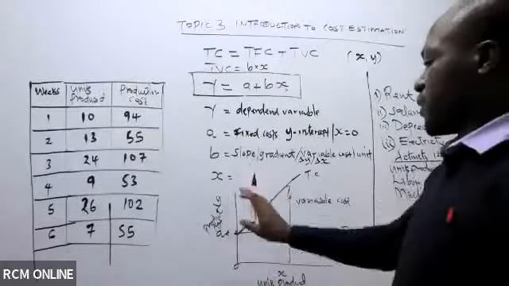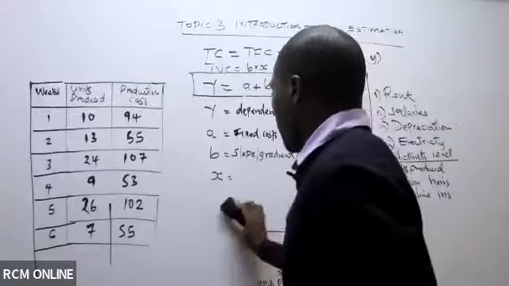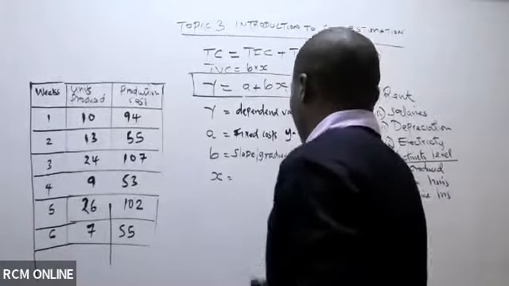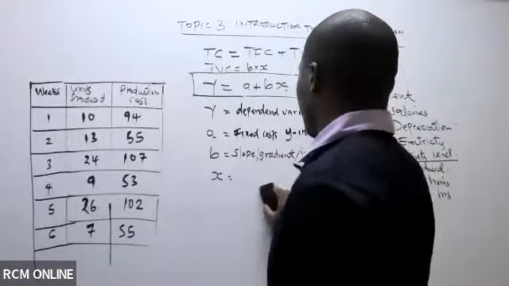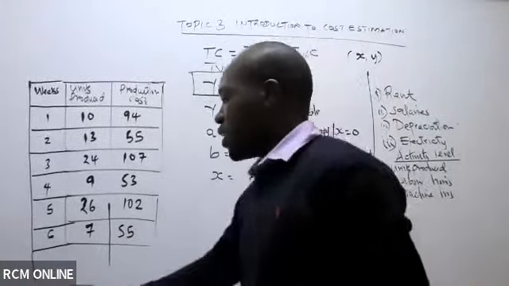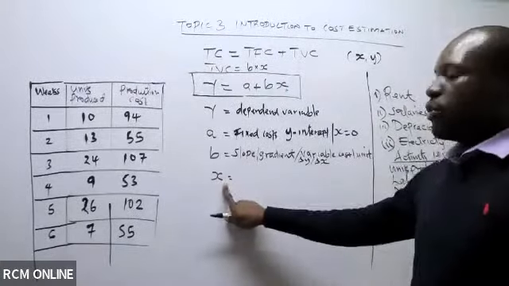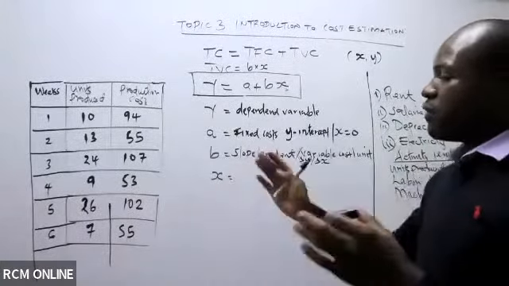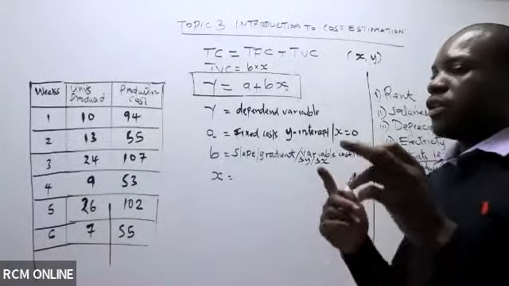So what is this X? It is so powerful. In any cost function, X is the most powerful tool, because without X, everything will be constant.